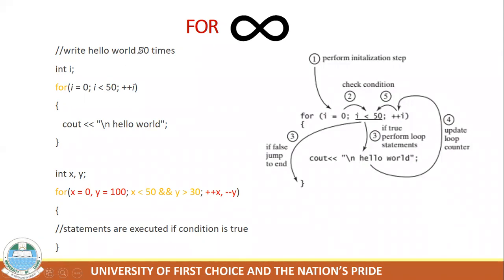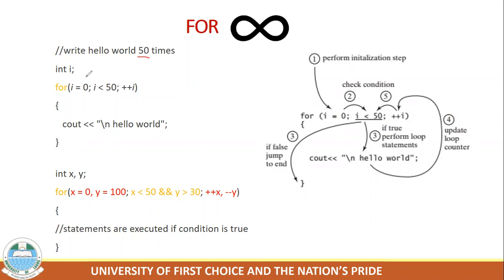How many times? 50 times. So how do you do it? Rather than writing cout hello world, cout hello world 50 times, that's crazy. What if it is a million times?